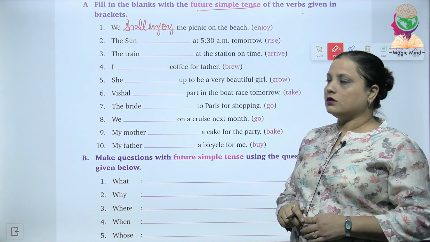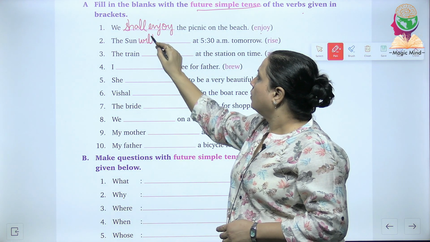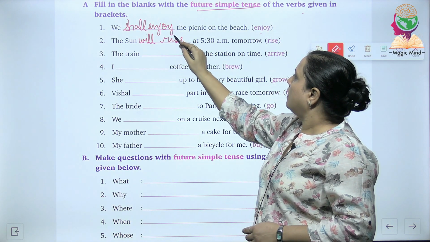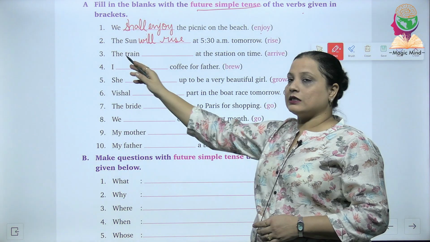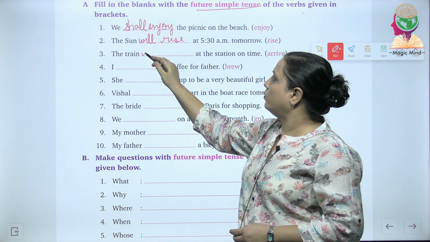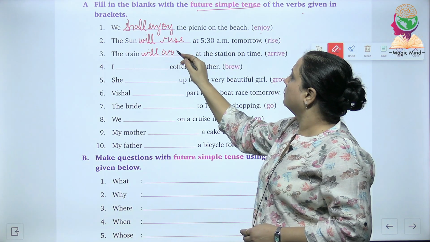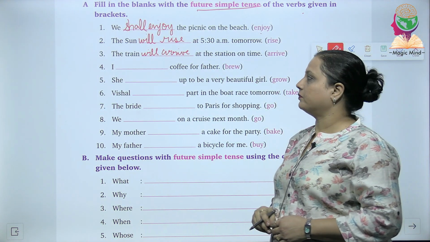Then the next one, the sun, we will write here will. The sun will rise at 5:30 a.m. tomorrow. Then the next one, the train will arrive at the station on time.